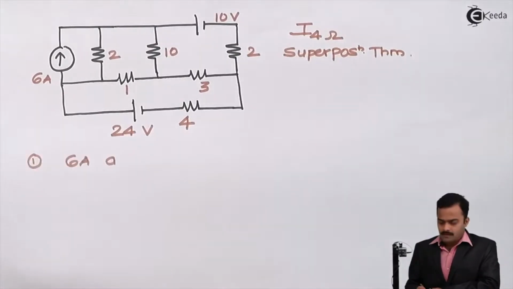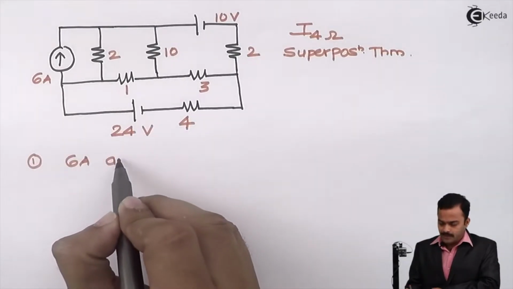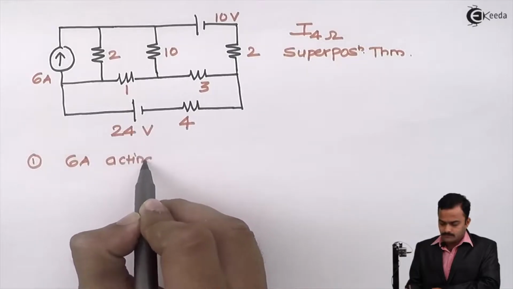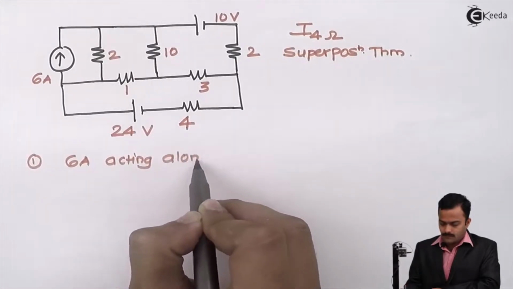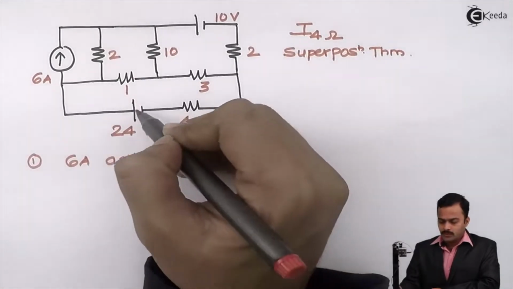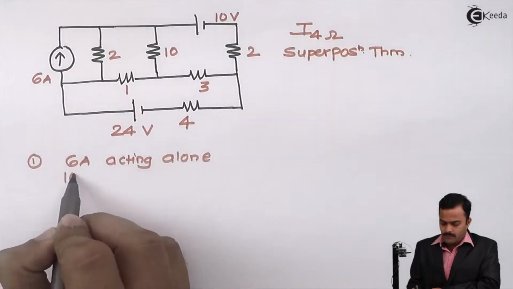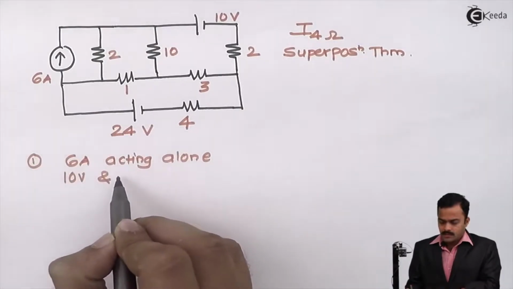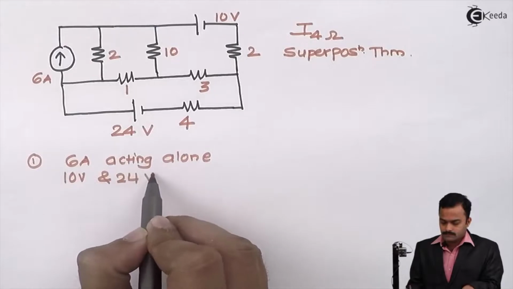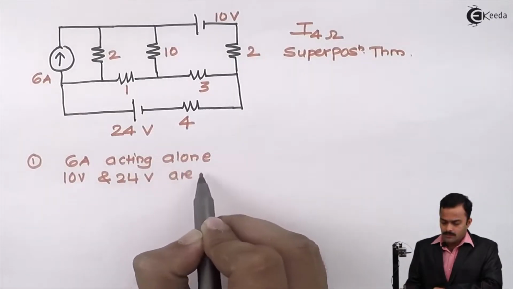First step, I will consider 6 ampere acting alone. So what to do for these two voltage sources? Obviously, voltage sources need to be short circuited. So 10 volt and 24 volt are short circuited.